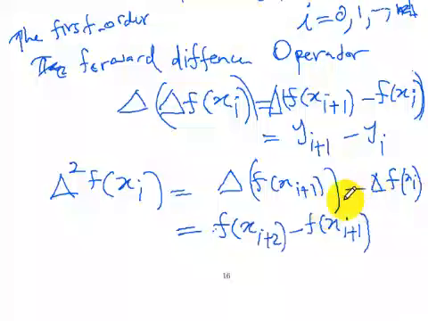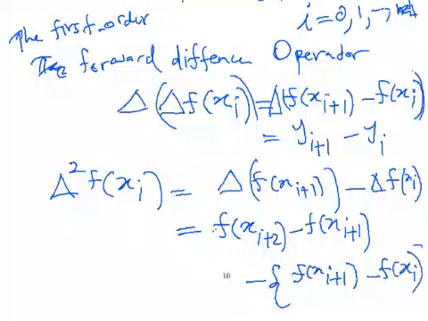And this is minus here, and let's open a bracket, and delta, the first order forward difference of f, which is f of x_{i+1} minus f of x_i.